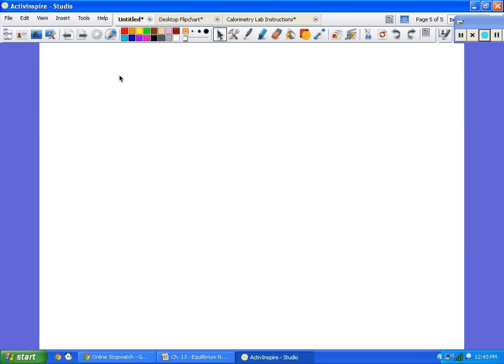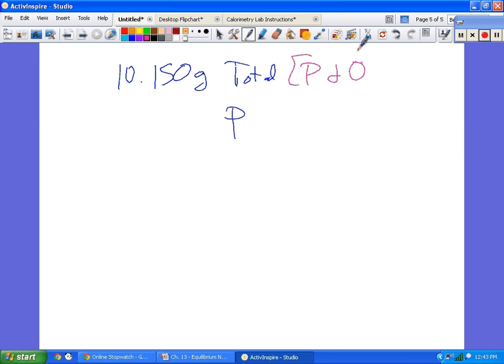Perfect. So the total of the compound was 10.150 grams, and this is the total mass. They tell you it's made up of P and O. If you know P is 4.433, how can you get O? You've got to subtract.